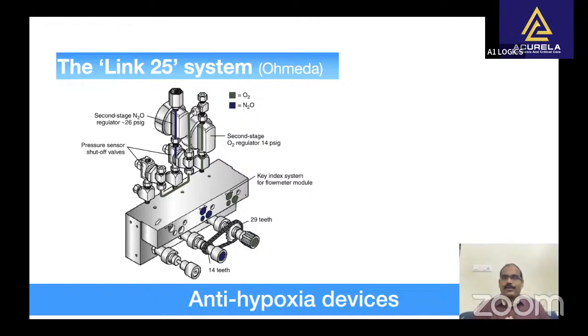The oxygen flow control valve is supplied at a pressure of 14 psig from the second stage oxygen regulator. So, after mechanical and pneumatic linkage, the oxygen and nitrous oxide flow control valves effectively maintain a minimum of 25% oxygen.